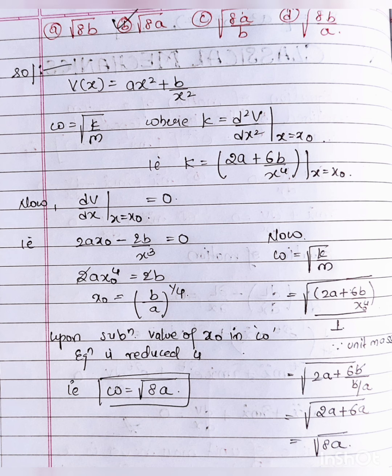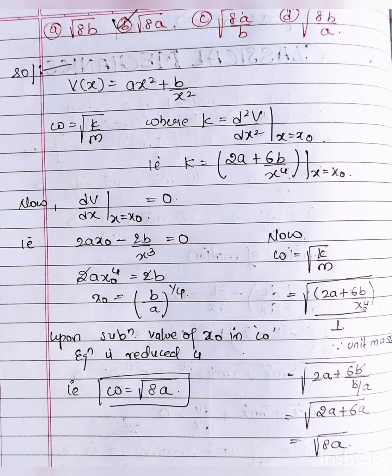Okay, now after that, to find the minimum of the potential, we should take the derivative and set it to 0, that is dv by dx at x is equal to x naught is equal to 0. Upon differentiating the given potential, that will be reduced to 2a x naught minus 2b by x naught cube is equal to 0.